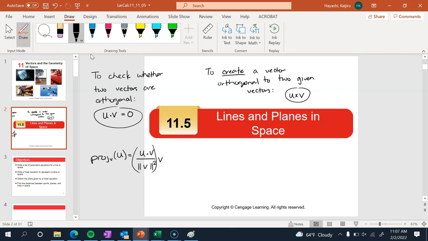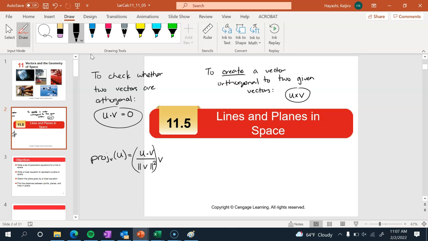But the projection of U onto V is essentially taking a vector U and breaking it up into parts. The component of U that is in the same direction as V is given by the dot product on top, the magnitude of what you're projecting onto squared on the bottom, and that ends up being a coefficient.